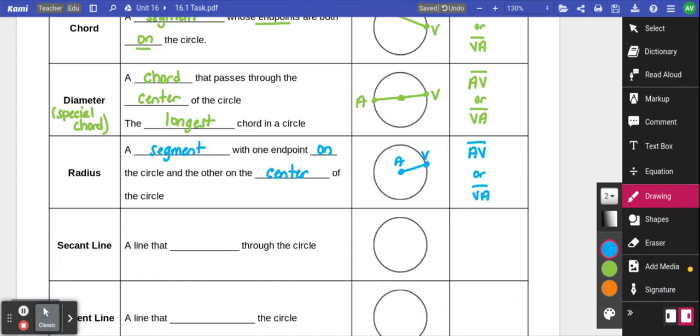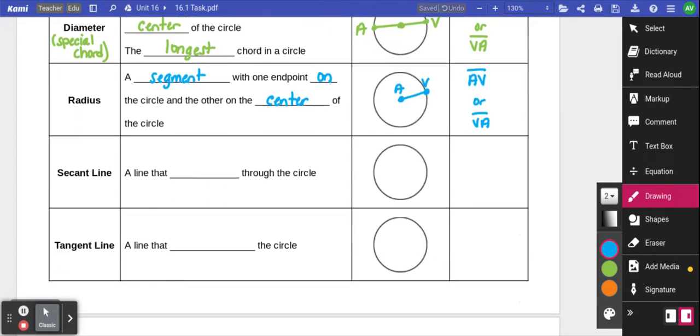Now, in addition to looking at some special segments that are related to circles, we're also going to look at special lines. So the next 2 features we're going to identify are lines. A secant line is a line that cuts through the circle. It just slices right through there. Now that means it's going to touch the edge of the circle in 2 spots.